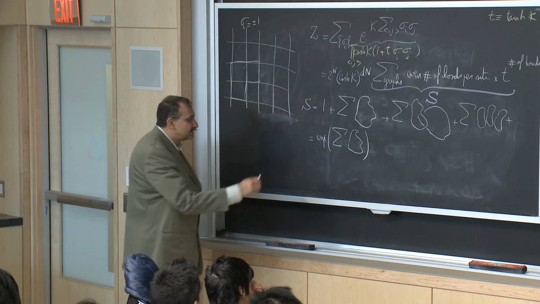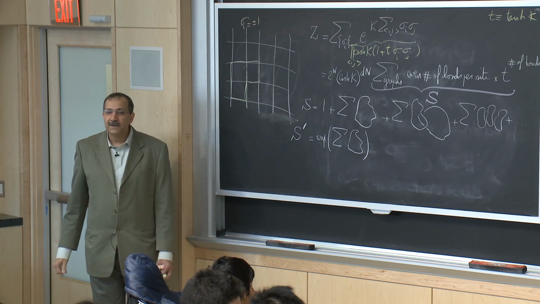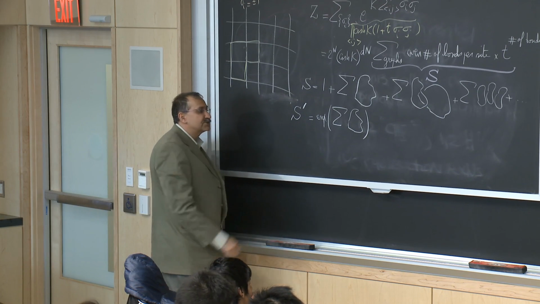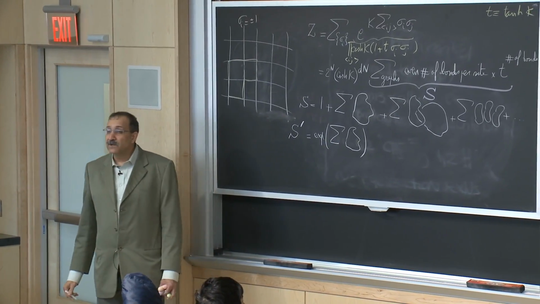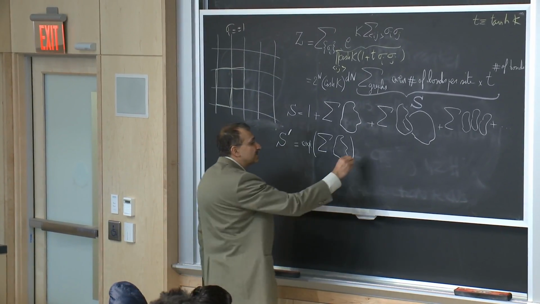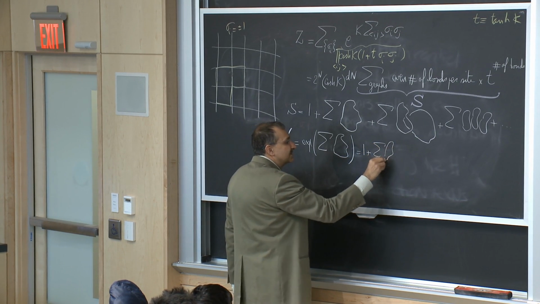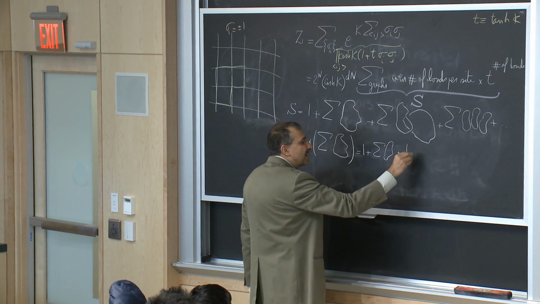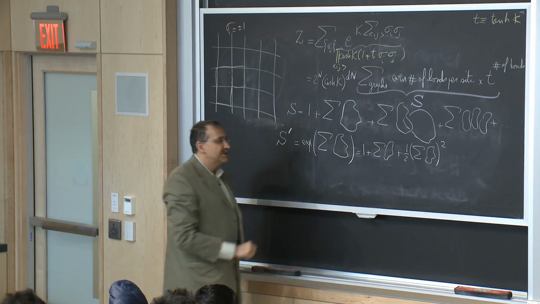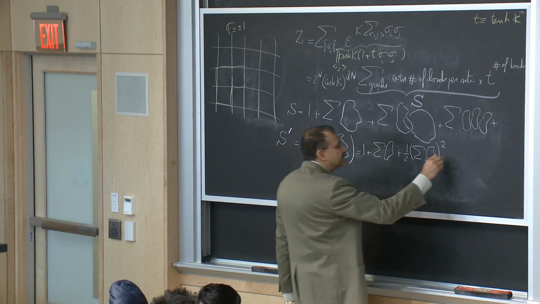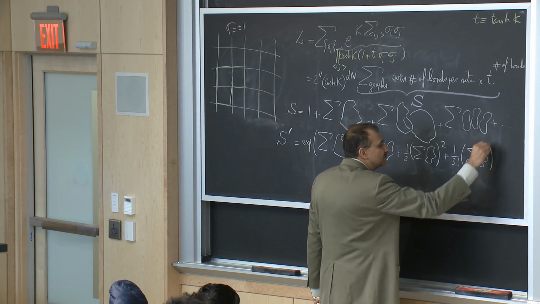And I will call this new sum S prime, for reasons to become apparent, because if I start to expand this exponential, what do I get? I will certainly start to get 1, then the sum over single loop graphs, plus 1/2 of whatever is in the exponent squared, 1/3 factorial of whatever is in the exponent, this sum cubed, and so forth.